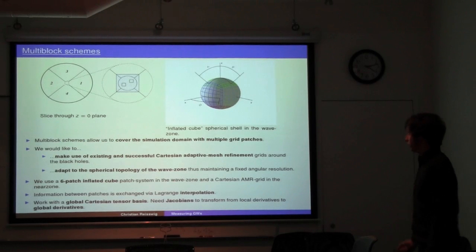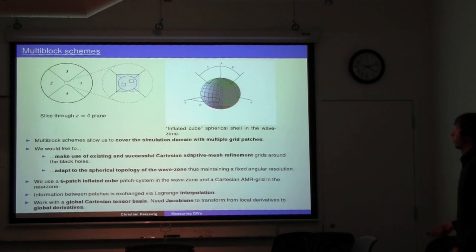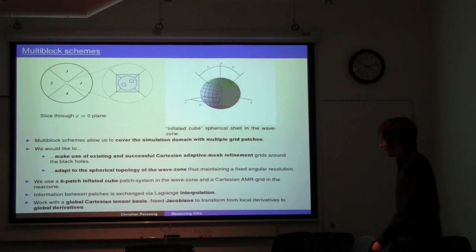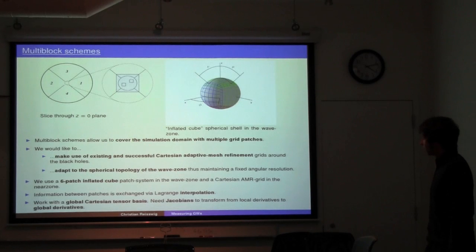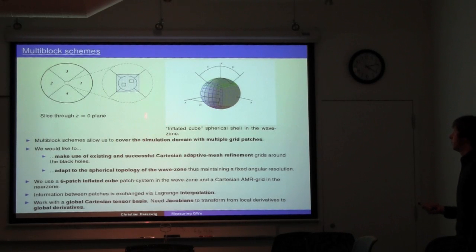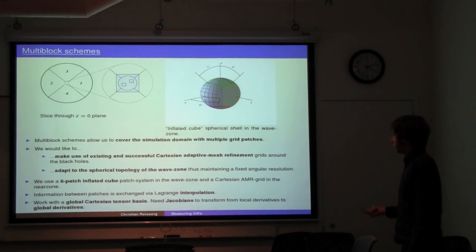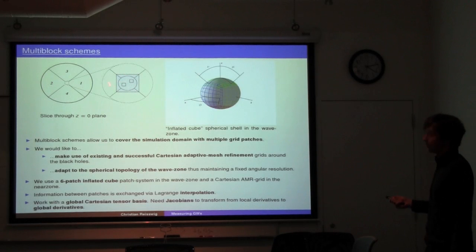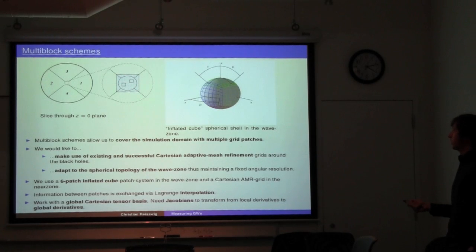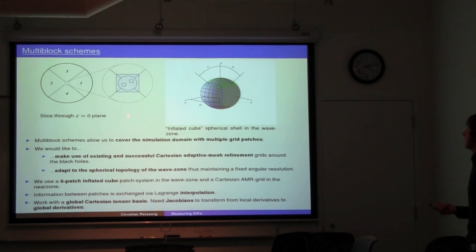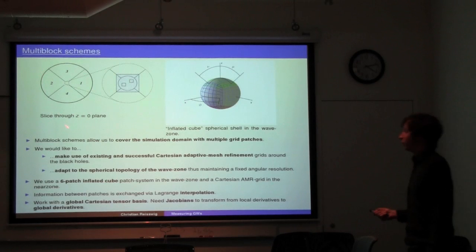Multi-block simulations allow one to cover the simulation domain with different grid patches. In our particular approach, we'd like to keep our Cartesian-based adaptive mesh refinement code in the interior domain surrounding the black holes, and we simply want to attach some spherical grids in the wave zone in order to have regular derivatives everywhere.